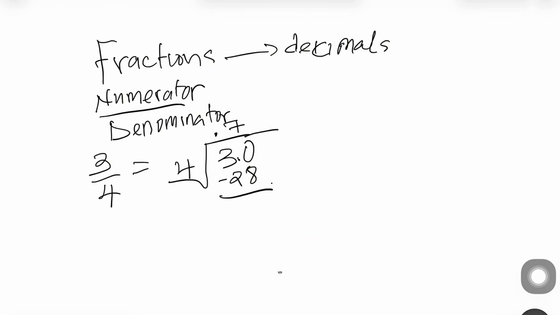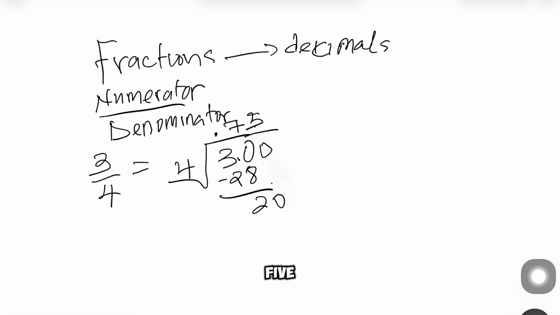So if we subtract this, you're going to have 2, right? And you see that 2 still cannot divide 4 without leaving a remainder. So what we're going to do is add another 0. And 20 divided by 4 is going to give us 5, right?